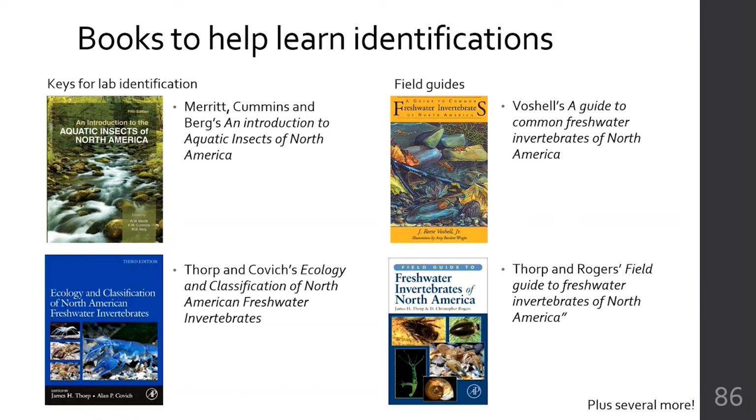There aren't tons of field guides out there, but the two that I'm showing here on the right, I think are actually quite good with really great illustrations and key diagnostic features. There are a number of other field guides that are aimed at fly fishers, and those are actually really good too. I just don't have them photographed here. But consider expanding your library with any of these books.